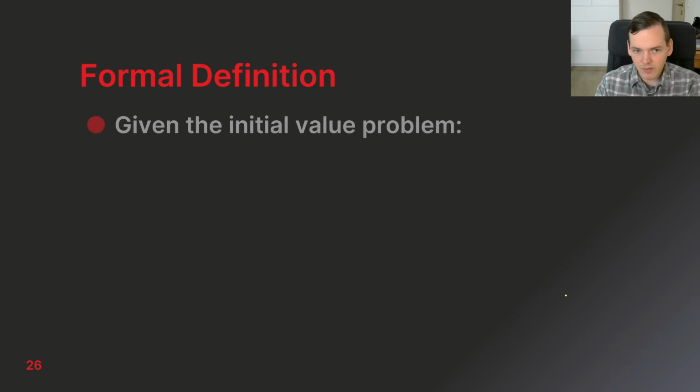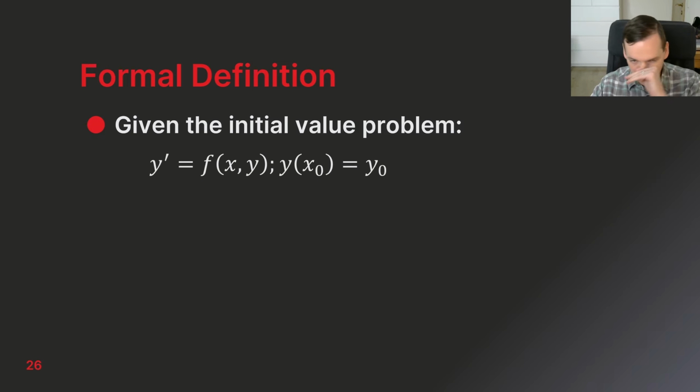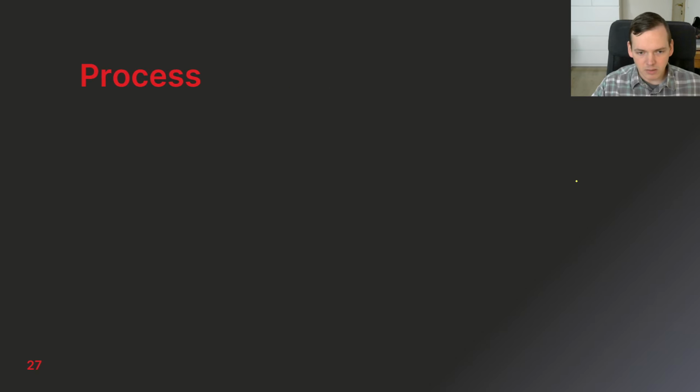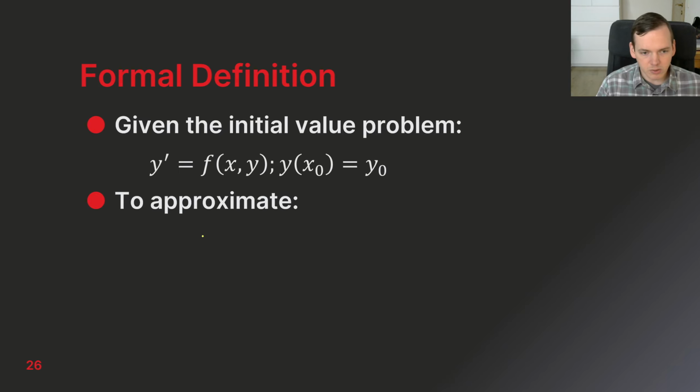As a formal definition, if you're given an initial value problem of, say, y prime equals f of x, y, with y of x naught equals y naught, to approximate, you're going to say that the nth x value is equal to x sub 0 plus n times h, where h is the step size.